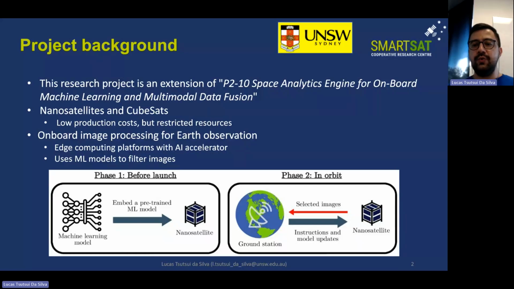And then in phase 2, when the satellite is already in space, it captures images and uses the machine learning model to select those images that it's going to send to the ground station. And the ground station sends instructions and model updates to the satellite. And as I said earlier, the communication from the satellite to the ground station is very restricted.